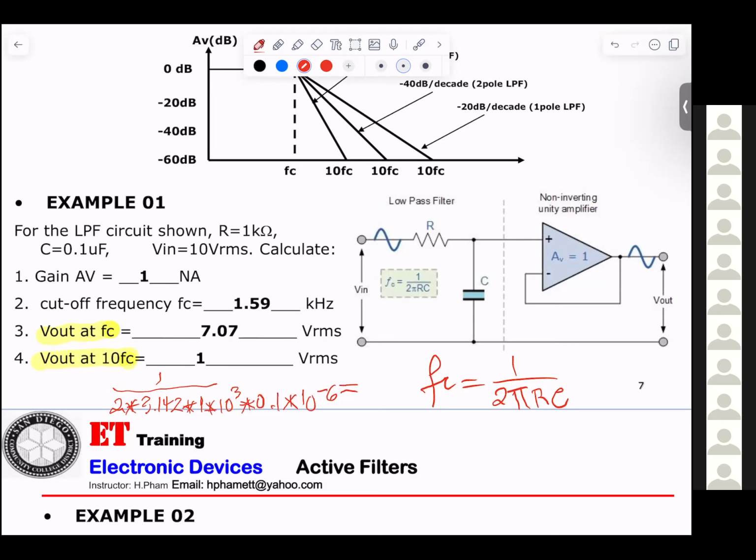So at FC, the output now will be V in times 0.707.